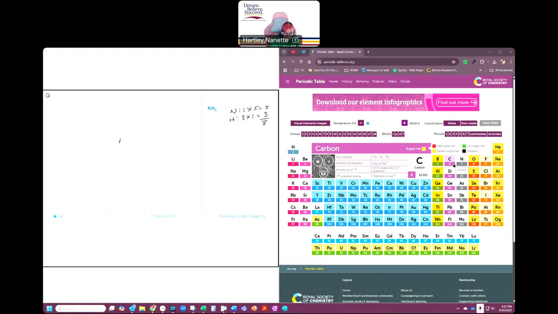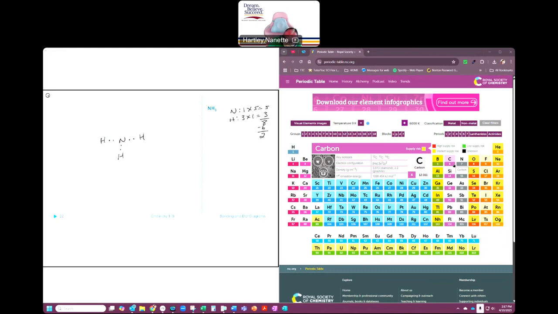Nitrogen is written first, so he goes in the center. I have three hydrogens to distribute around that nitrogen. So I just draw 3 of those hydrogens. And then I have 2 electrons to distribute between each nitrogen and each hydrogen. That takes 6 of those electrons up.